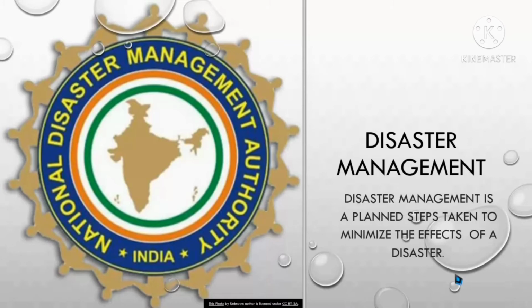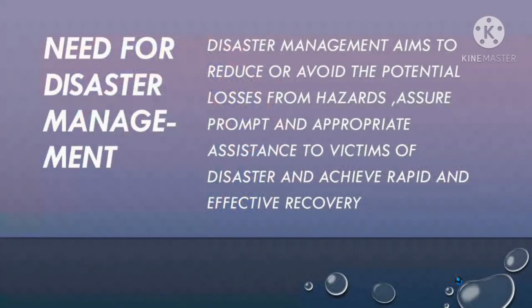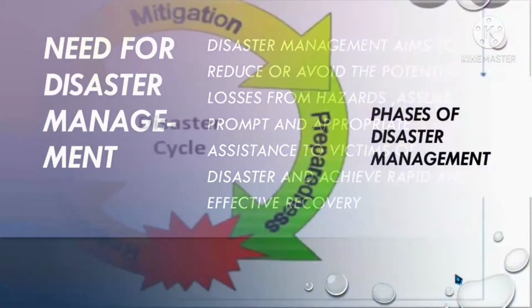So how are they being managed, and why is there a need to manage all these disasters? The main aim of disaster management is to reduce or avoid the potential losses from the hazards, issue prompt and appropriate assistance to victims of disaster, and achieve a rapid and effective recovery.